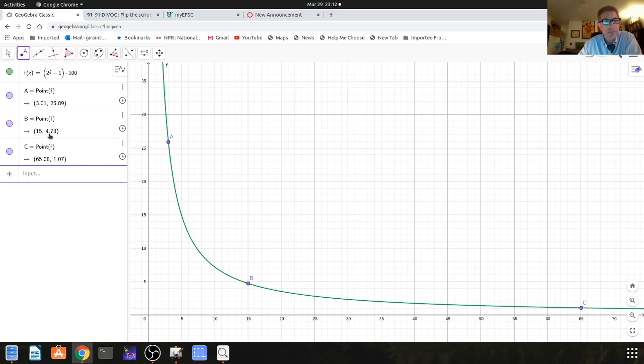And that represents 4.73%. And all the way down here at point C, it takes 65 days for our number of cases to double. That's better, right? The longer it takes for your number of cases to double, the better you are, the flatter the curve, right? And that corresponds to a constant rate of daily increase of 1.07.